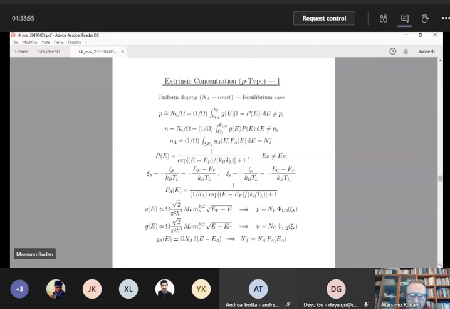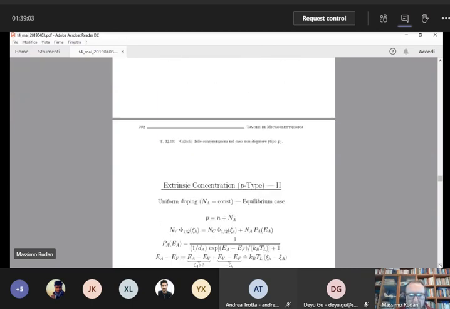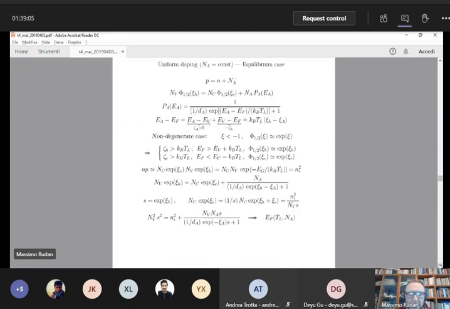In conclusion, you see it in the next page, the concentration of the holes must be equal to the sum of the concentration of the electrons in the conduction band plus the concentration of the ionized acceptors.